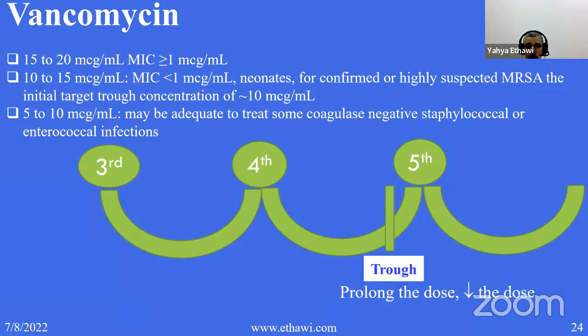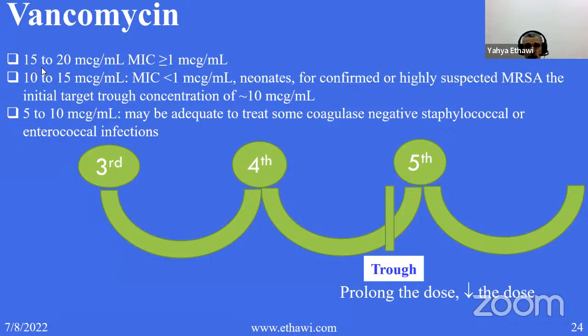CLABSI is catheter-associated bacterial serious infection. The normal level that I look for is from 5 to 10.